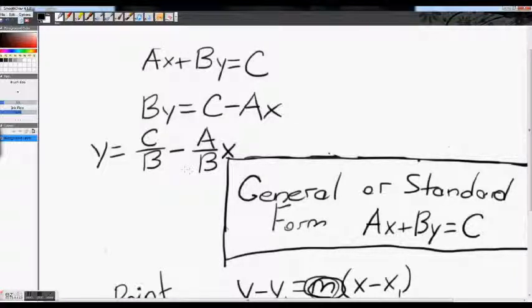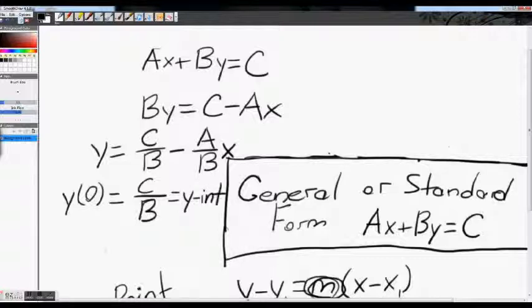So this would mean, let's look at this. If we put 0 in for our value of x, we see that c over b is the y-intercept, because that's what the y-intercept is, the value of y when x equals 0.